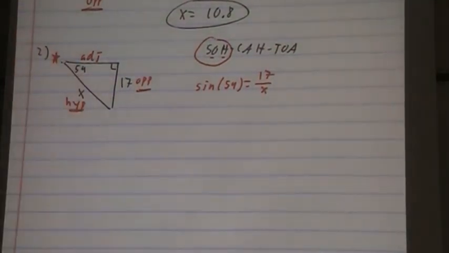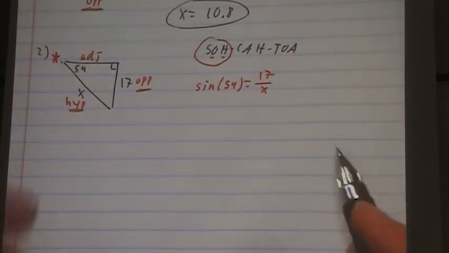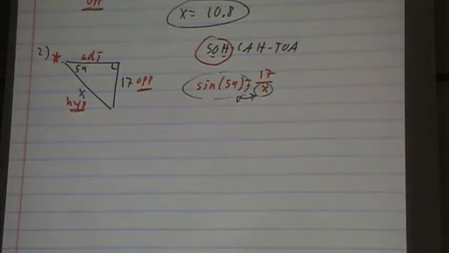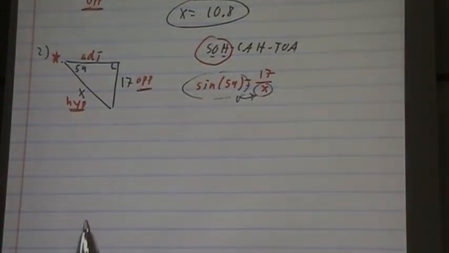Now, the easiest way to do this is a flip-flop. Okay? What I mean by flip-flop is when your variable's on the bottom, you literally have it trade spots with that guy. Okay? I can show you the algebra behind it if you're interested. What you're really doing is timesing both sides by x and then dividing both sides by sine 54, which works algebraically.